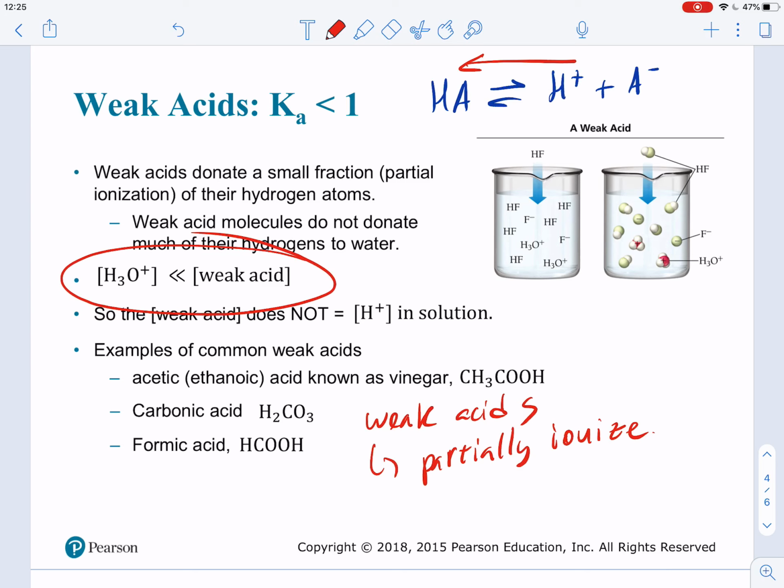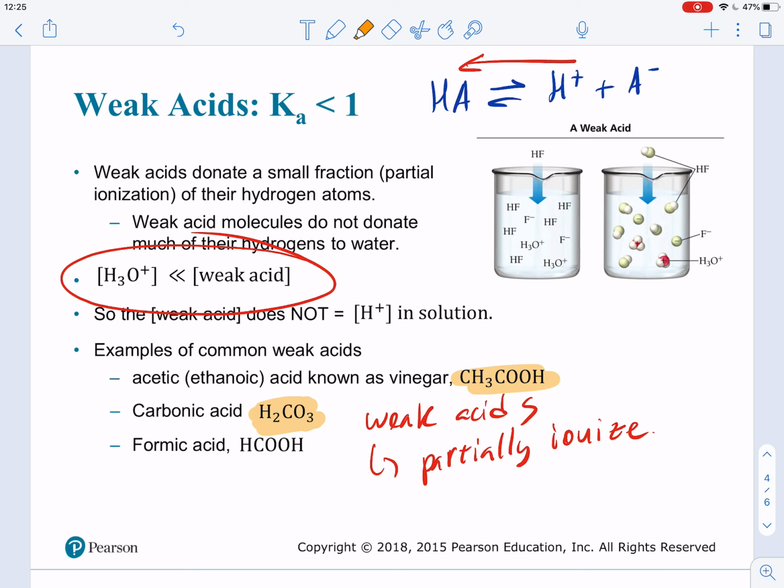A few weak acids that you should know or should be familiar with, well, we have acetic acid, vinegar. We have carbonic acid. That's one of the main components, that's what gives the fizz to the carbonated soda drinks.